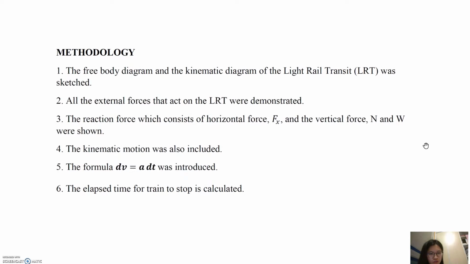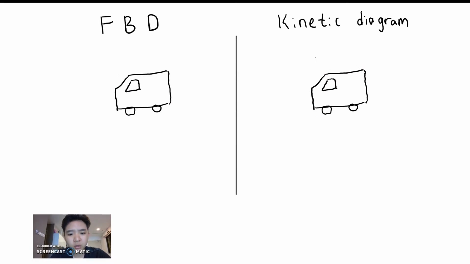The methodology is that we have drawn out the free body diagram and the kinetic diagram. In this situation, we have a train moving to the left and decelerating until it stops. To draw out the free body diagram, we first have to draw all the forces acting on the train. The first force that acts on the train is the force by the engine, which moves the train to the left.